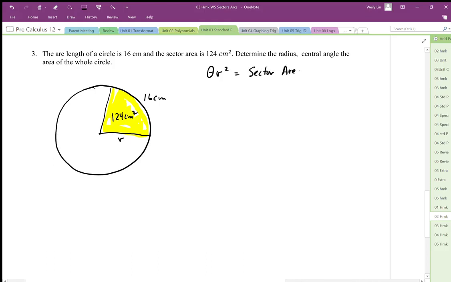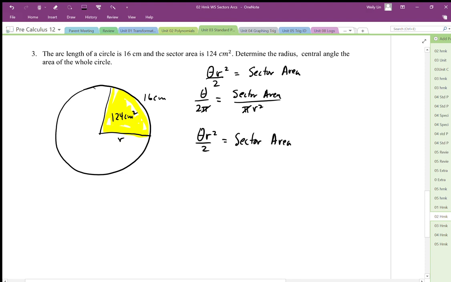We get this formula from theta over 2 pi, the part area over the whole area, pi r squared. The pi's cancel out, so the r squared can be moved to the other side, and we end up with theta r squared over 2 equal to the sector area.